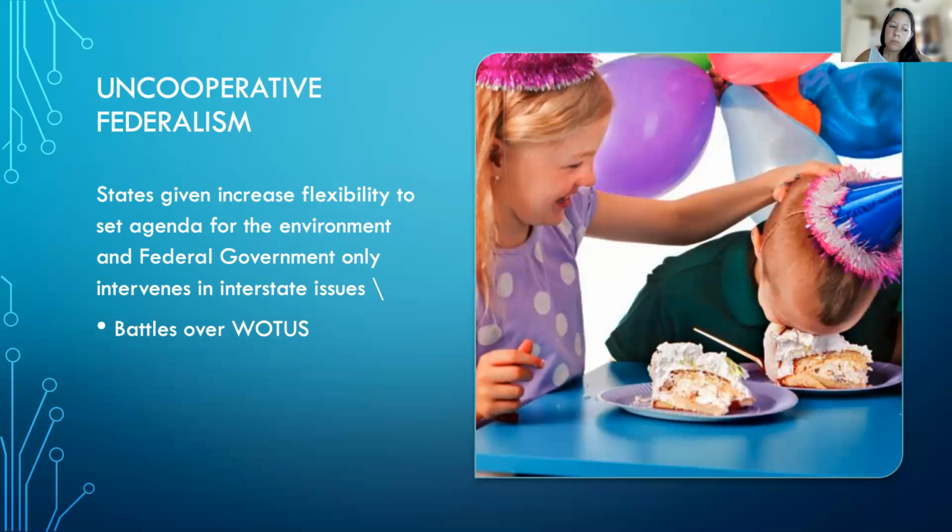And part of the reason why I don't think that uncooperative federalism, let me finish that thought, why uncooperative federalism doesn't matter as much maybe under Biden is it only matters if the states want to force Biden to do some particular action. In the case of environmental federalism, most of the time uncooperative federalism occurs when the states go farther than the federal government to protect the environment. And so that becomes important.